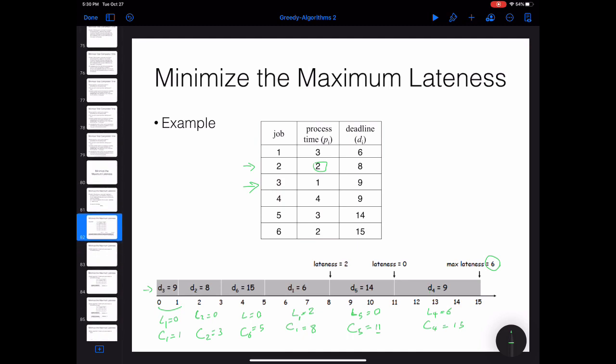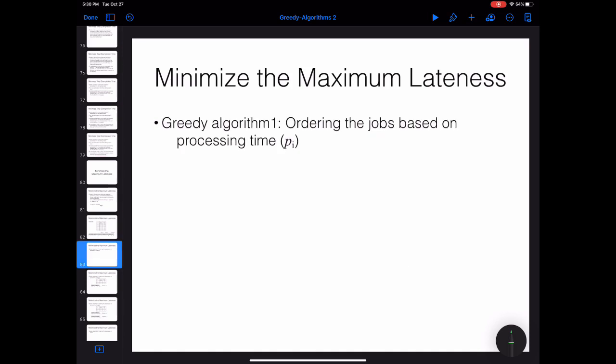But what is the optimal strategy to sort these jobs in some order that minimizes the maximum lateness? I'm going to again check a couple of greedy strategies. The first one is that we are going to order the jobs based on processing time.